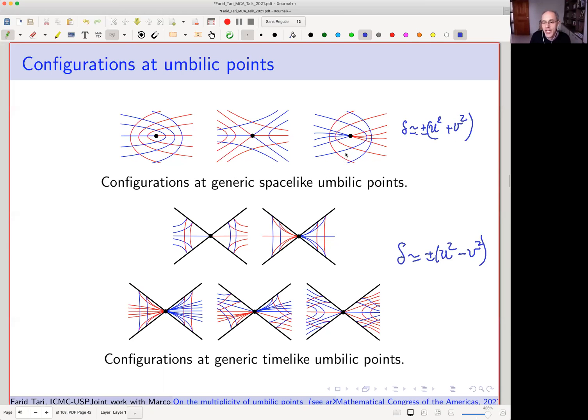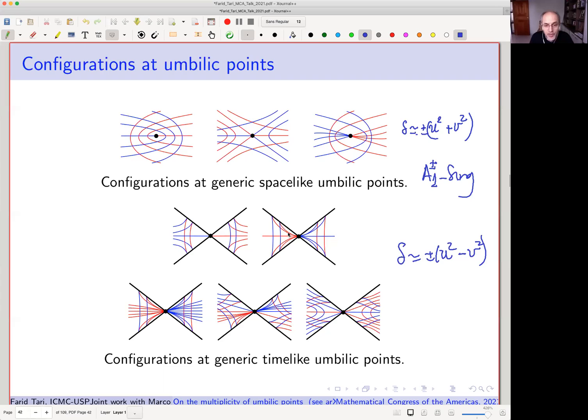So at umbilic points, the discriminant has a Morse singularity, or what's called in singularity theory an A1 plus or minus singularity, generically. At space-like umbilic points, it's an A1 plus, and at time-like umbilic points, it's an A1 minus.